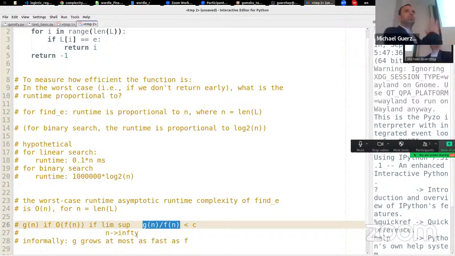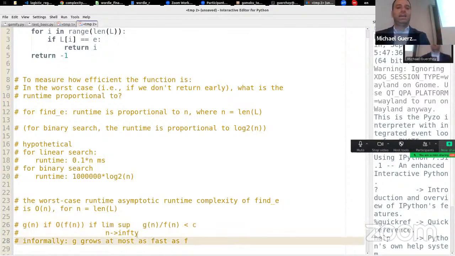If the ratio of g of n to f of n grows and grows and grows, that means g actually grows faster than f. So since g grows at most as fast as f, the ratio g of n over f of n does not go to infinity.